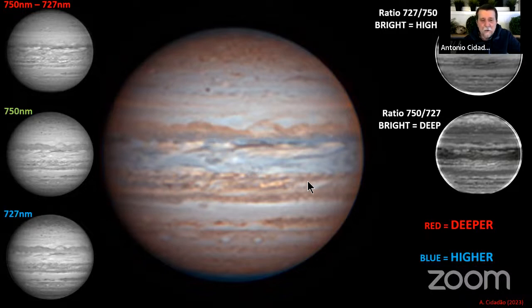So I wonder if these clouds which are being seen here, although these filters have the ability to probe deeper than 1 bar, are really below 1 bar or just above that generalized planetary optically dense cloud blanket. But this can be seen very well through subtraction and also through ratio.